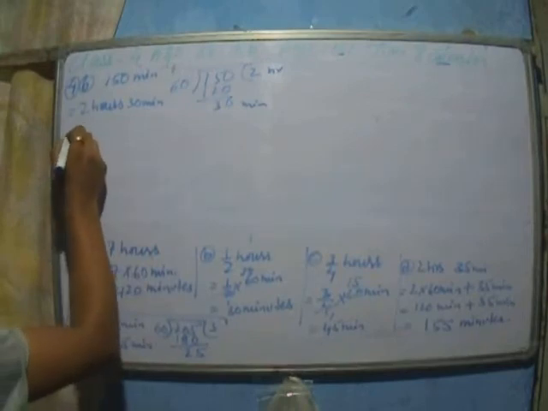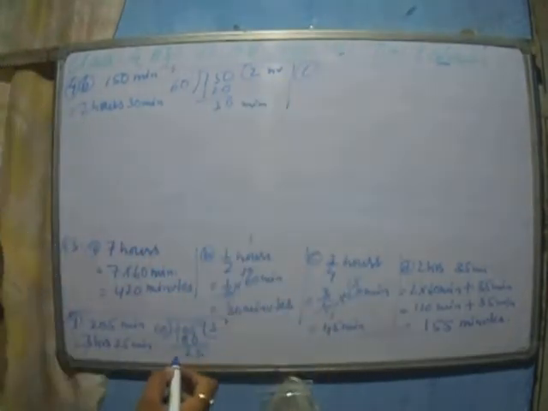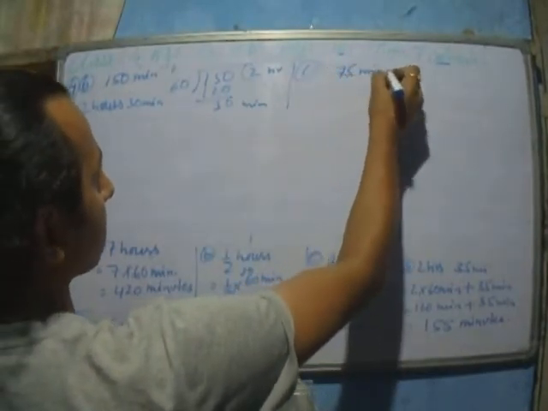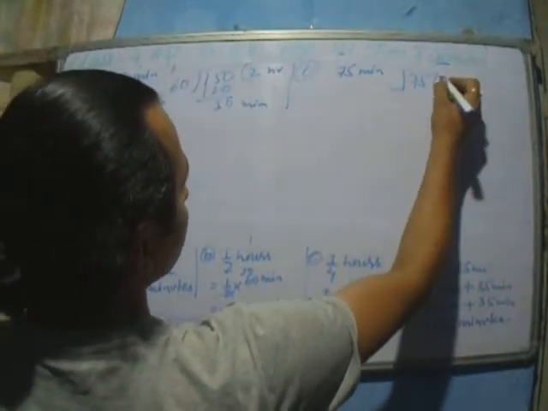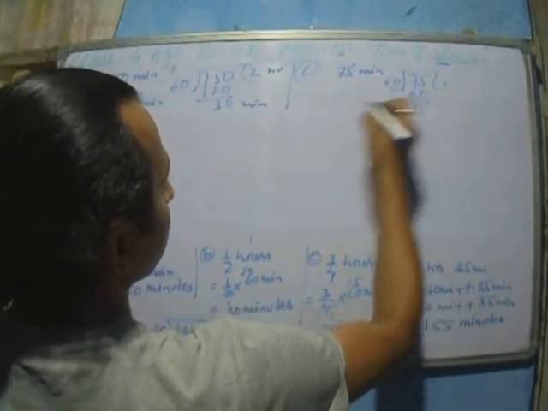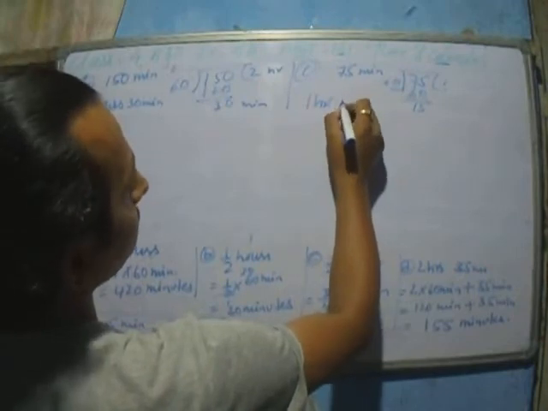Now number C is 75 minutes. So divide 75 by 60. 1 time, so we are left with 15. So 1 hour 15 minutes.